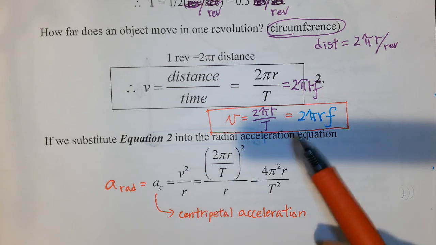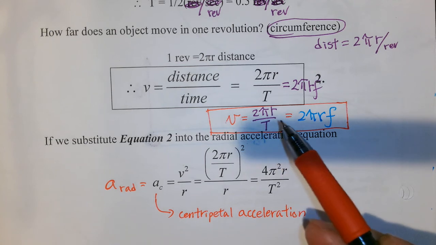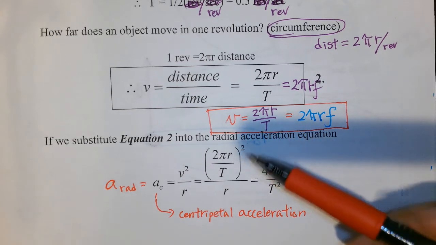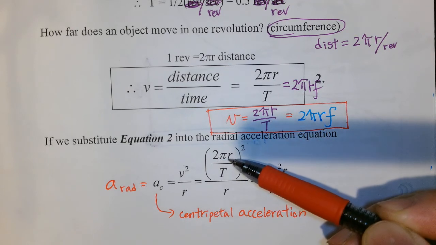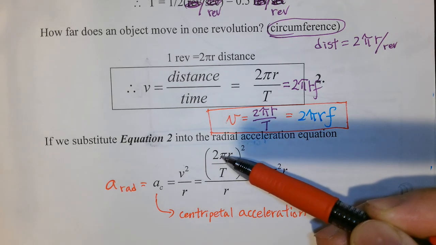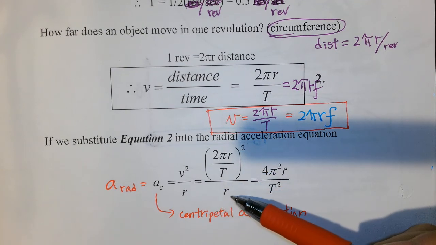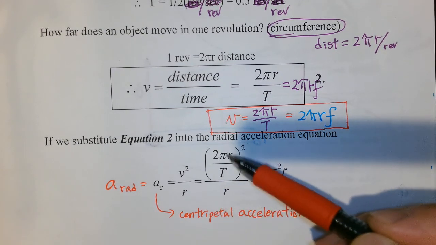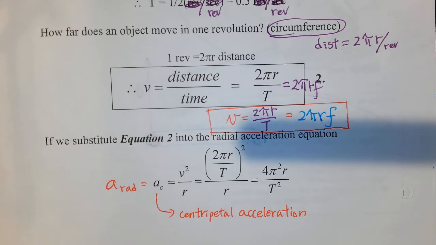And since v is 2 pi r over the period T, you can simply plug this in and square it, which would be 4 pi squared r squared over the period squared, divided by r. And this r and r squared would cancel out, leaving you one r at the top.